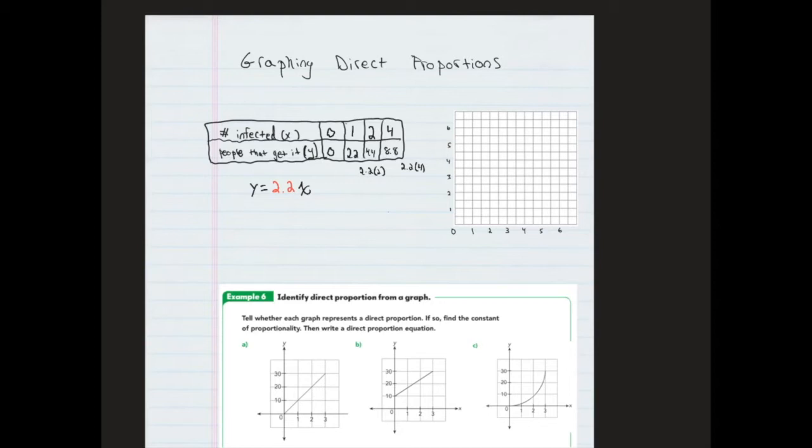So that would be the expected outcome. If you have 4 people that are infected, you would expect that to spread to 8.8 people. Now, in the real world context, this value doesn't mean that the people that have that specific virus are going to show symptoms. It doesn't mean they're going to die from that virus.